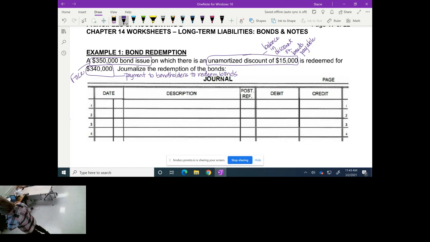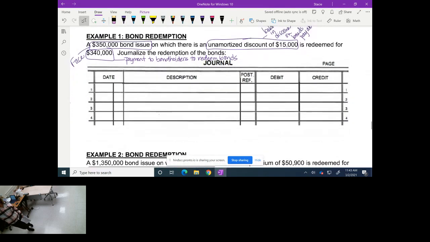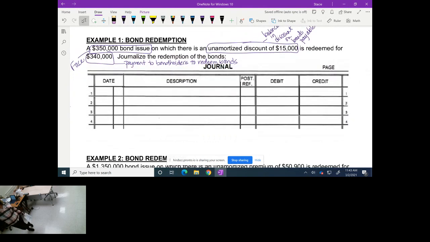They've still got some discount on the books, $15,000, and the original bond issue was for $350,000. So we've got to figure out the result. We can do it one of two ways. We can just journalize it. Let's do that.